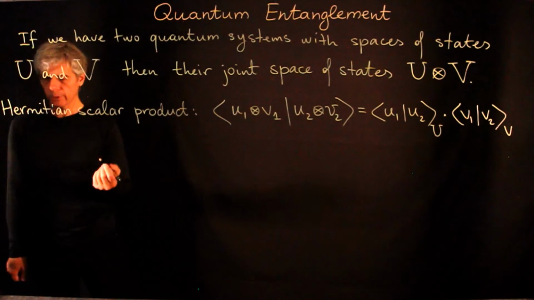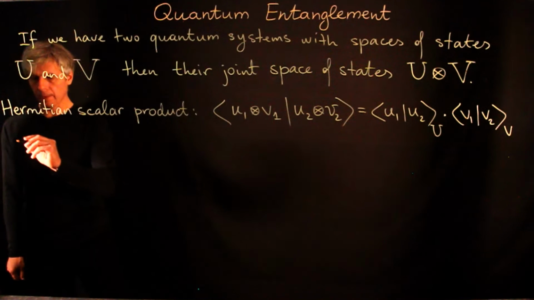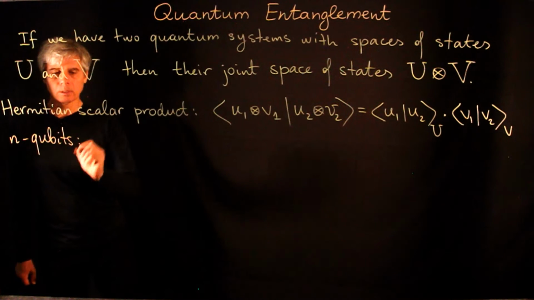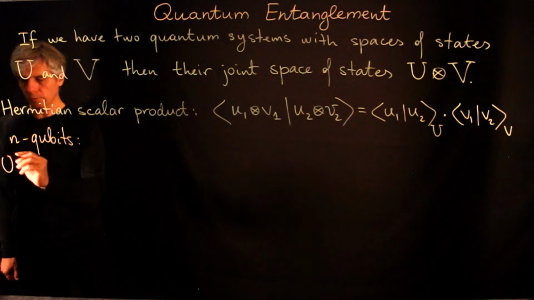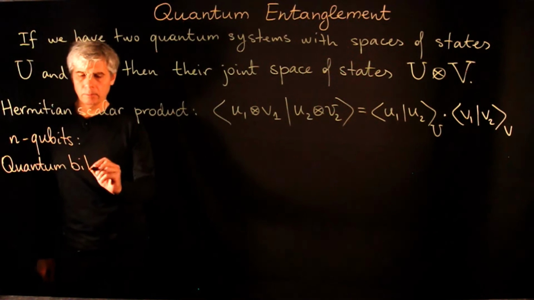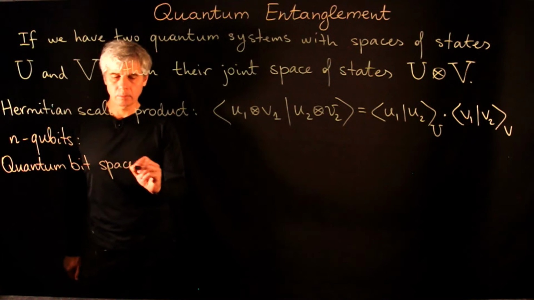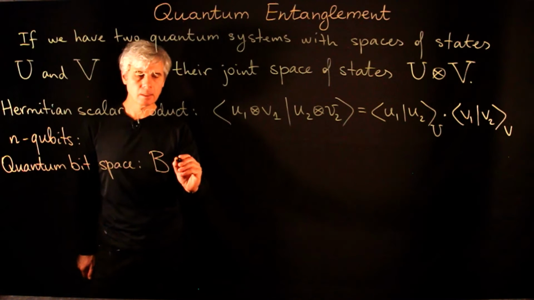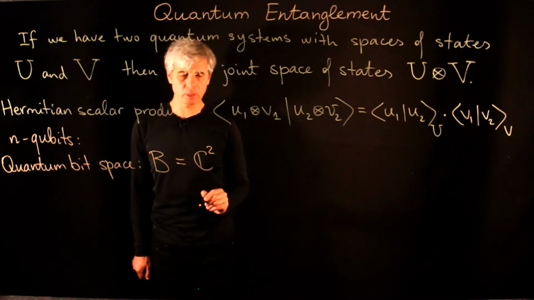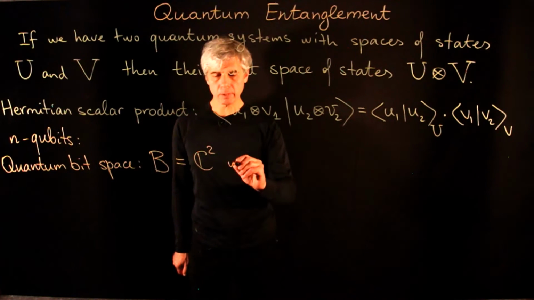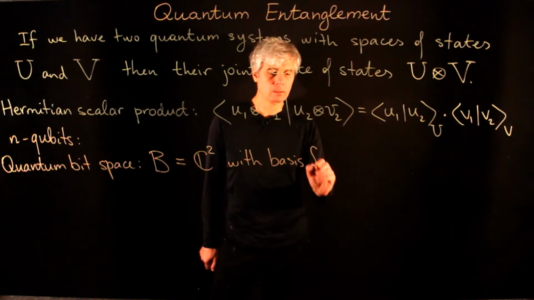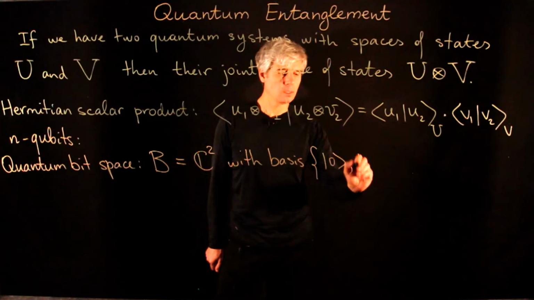Tensor products also allow us to construct n-qubits. We start with a quantum bit space. This is space B, which is really C2. It's a two-dimensional space over complex numbers with bases, the 0 bit and the 1 bit.